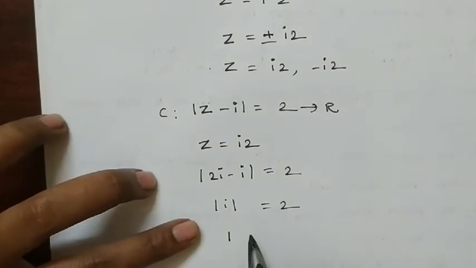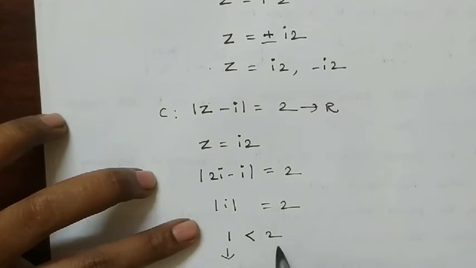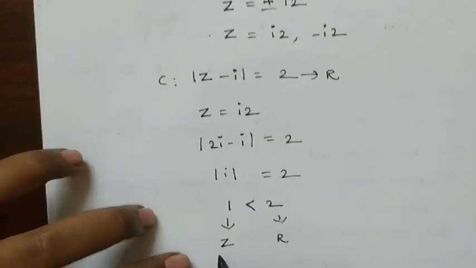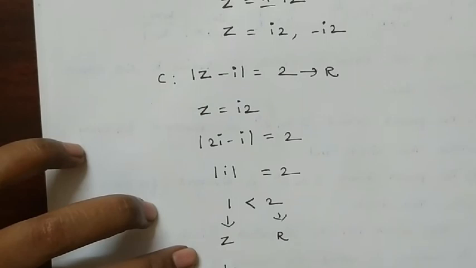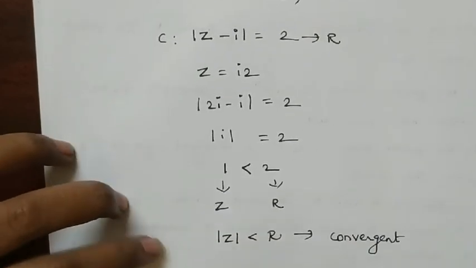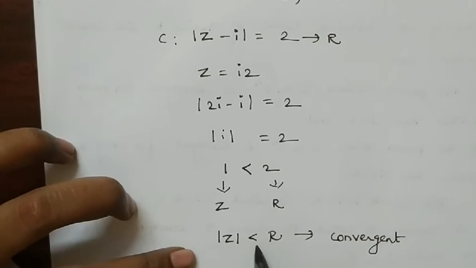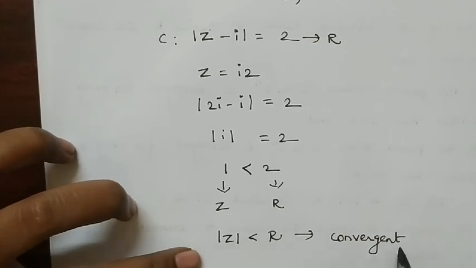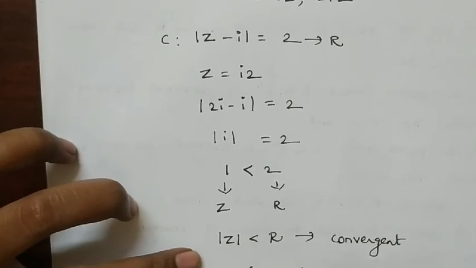So 1 is less than 2. Here modulus of z is less than r. According to the given condition, modulus of z less than r is convergent. So the value z equal to 2i is convergent.